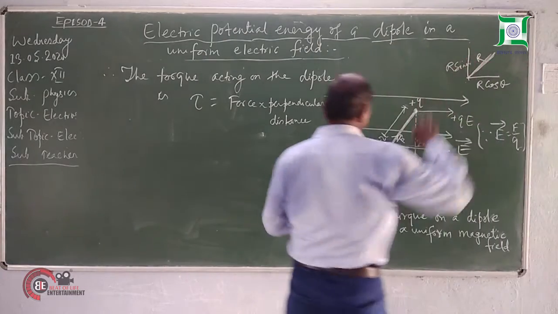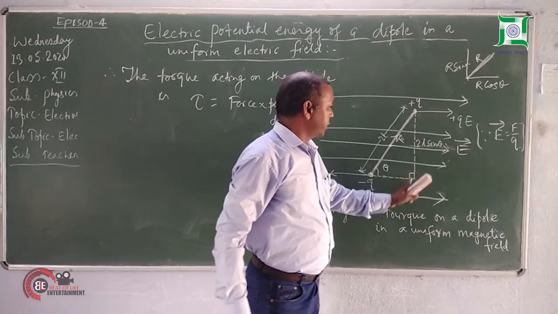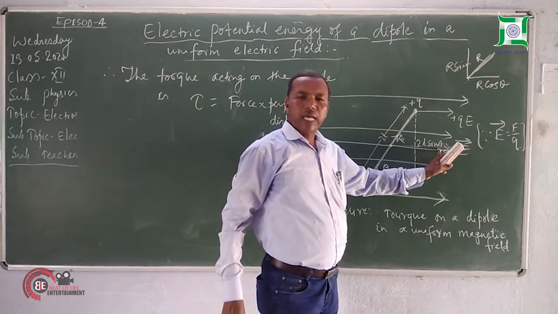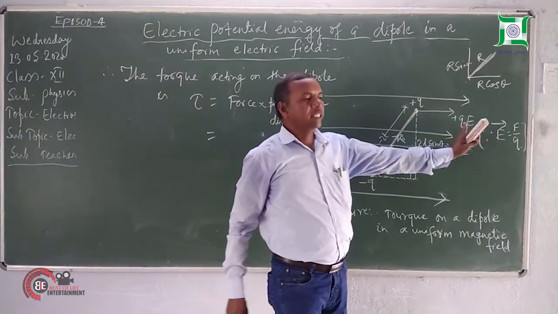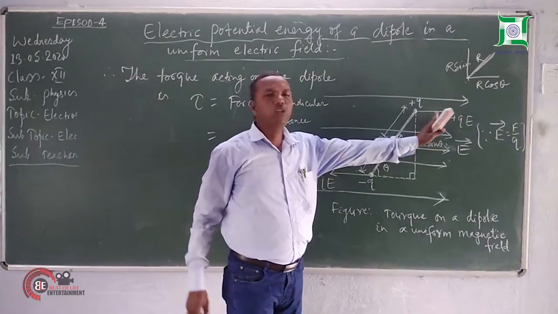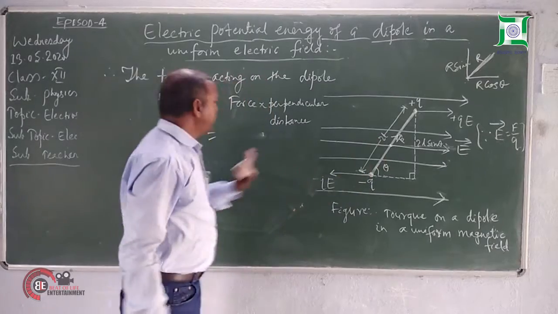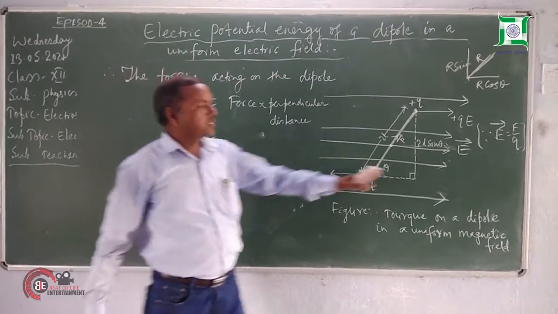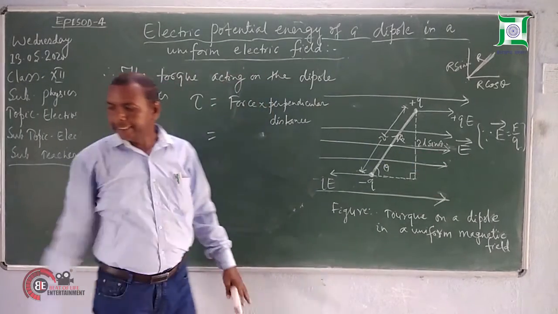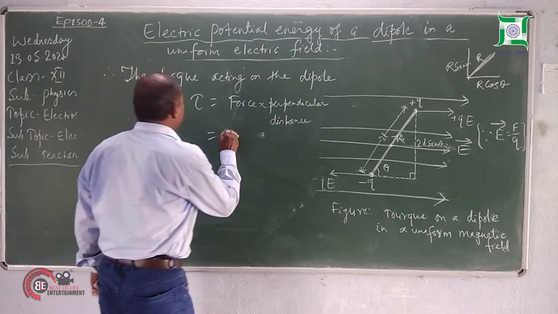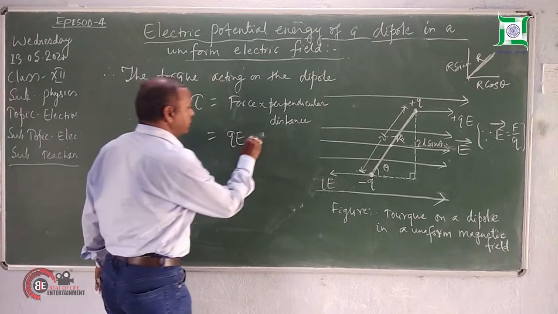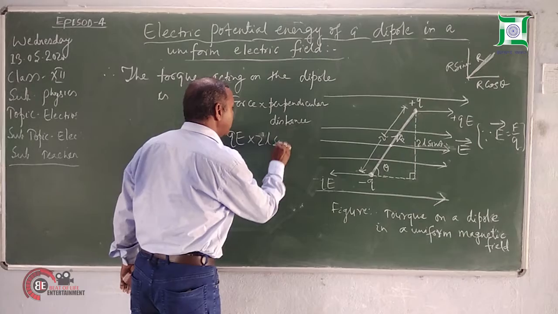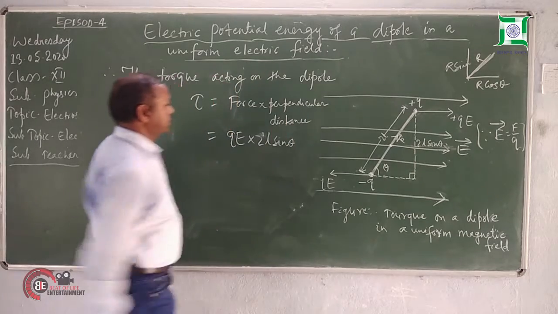So by this concept, this perpendicular distance is 2L sin theta. So we write here the magnitude of the force acting on the two ends of the dipole is QE and the perpendicular distance is 2L sin theta. So we write torque acting on the dipole, QE into 2L sin theta.